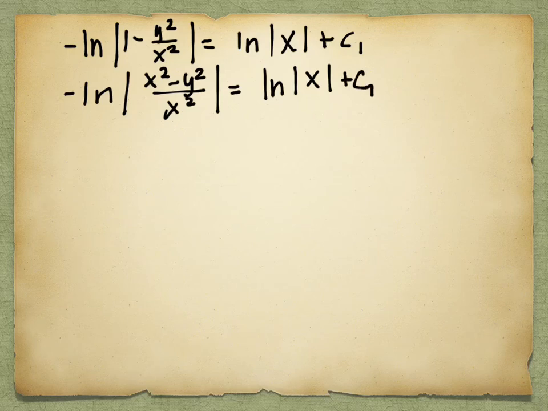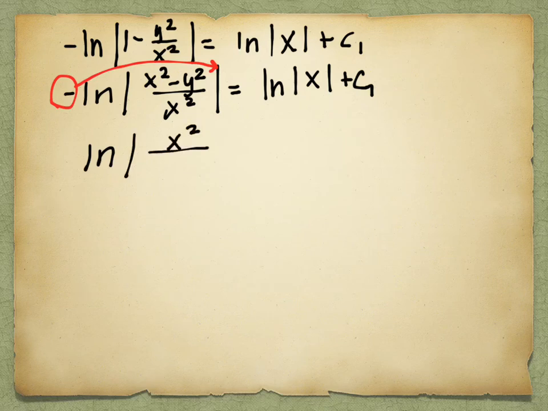And then, just like we were talking about a minute ago, this can become negative. What happens with a -1 exponent? What does it do to fractions? It flips them. It has a reciprocal, right? A negative exponent makes a reciprocal. So all I'm going to do is to change this to being x squared over x squared minus y squared.